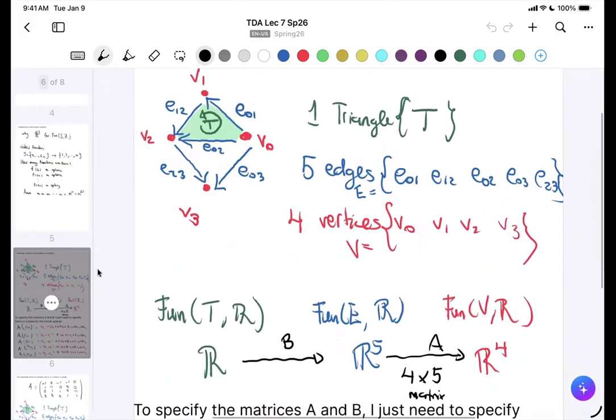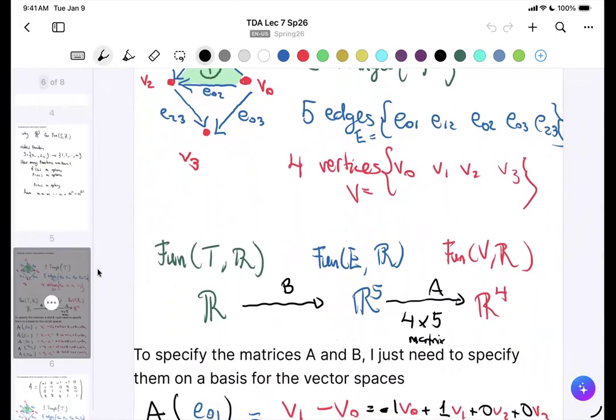And then to define the matrices, matrices are defined on vector spaces, if you think of them as linear transformations. So in this case, there's going to be one vector space for each of these categories of objects. For the two-dimensional stuff, there's only one triangle, so the vector space that we would look at is just one-dimensional, which is just the number line.